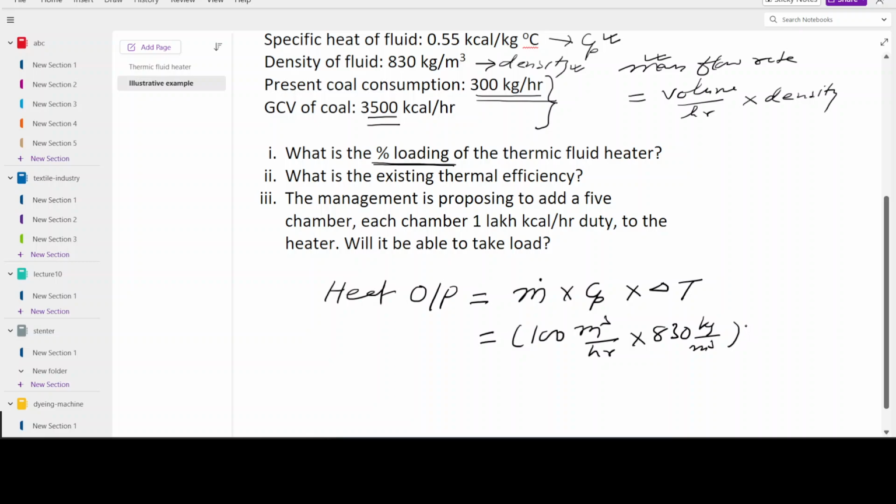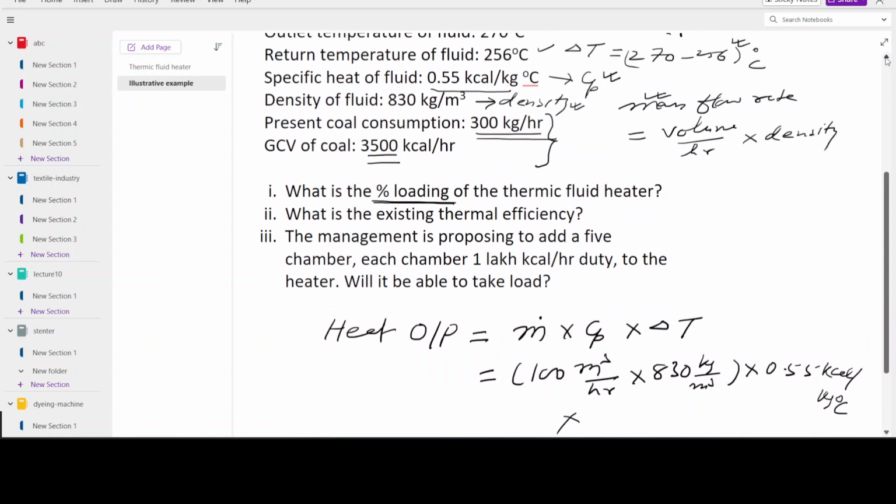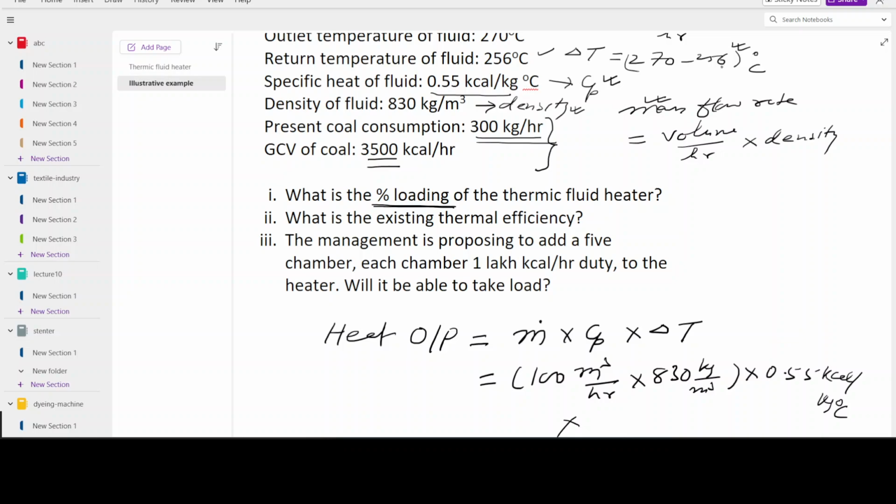The specific heat capacity given in the question is 0.55 kilocalorie per kg per degree centigrade, and the temperature difference is also given here, 270 minus 256.